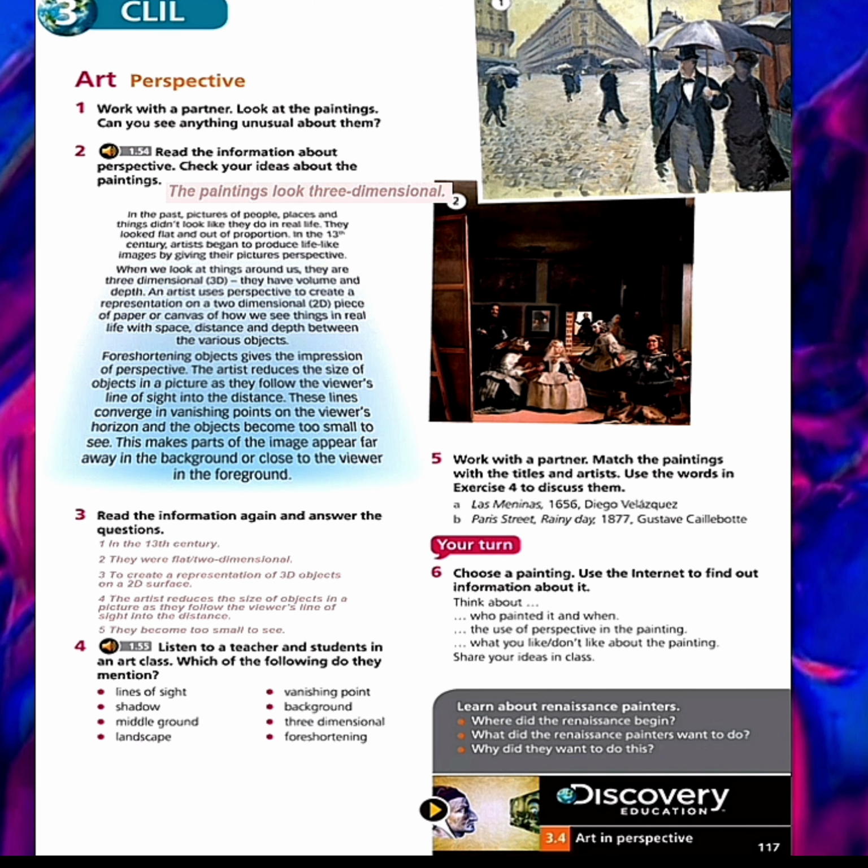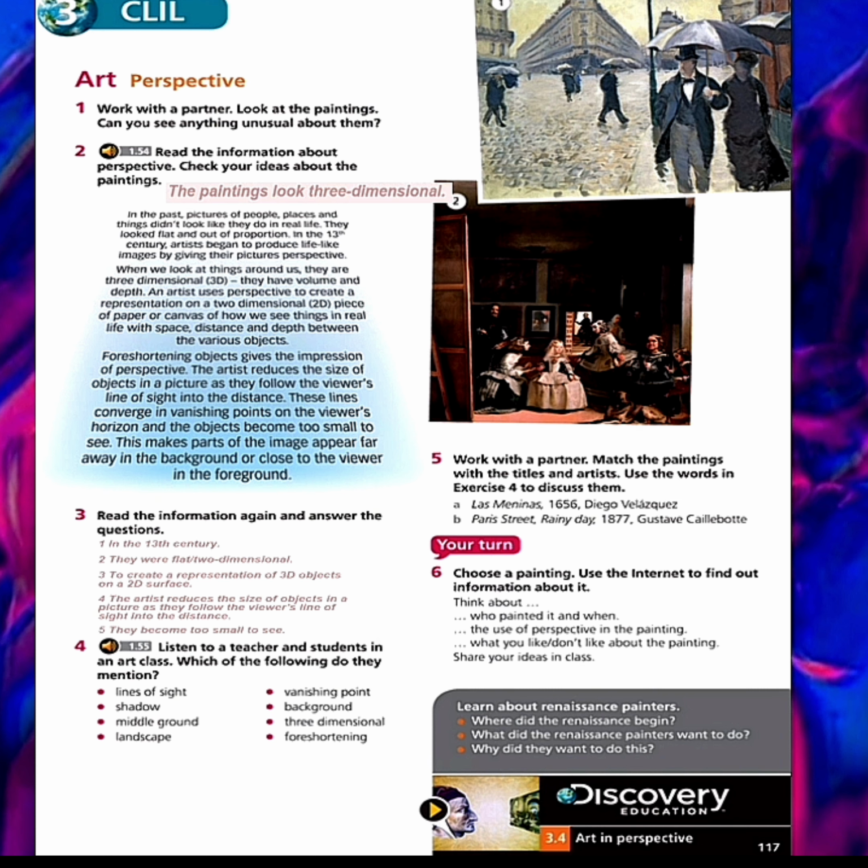When we want things to look further away from the viewer, in the background, we foreshorten them. We draw them smaller than things closer to the viewer. We make them bigger in the middle ground and biggest of all in the foreground of the picture. Foreshortening creates an effect of distance between things.